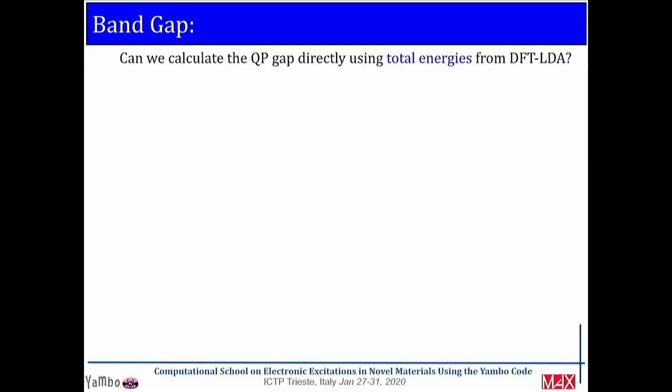Anyway, we have just seen that we cannot calculate gaps from DFT, but this is not exactly true. The plot I showed before, with very bad agreement, is the usual evaluation of a gap in DFT, when we consider the HOMO and LUMO of a molecule, or the minimum of the conduction band and the maximum of the valence band.